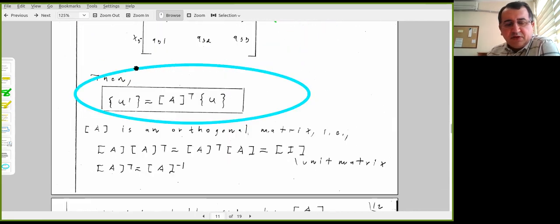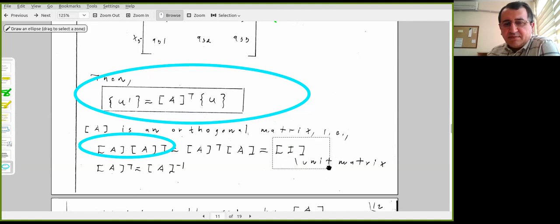And some features of the transformation matrix. A times A transpose is the identity matrix. And therefore A transpose times A should be equal to A times A transpose, because A transpose is A inverse.